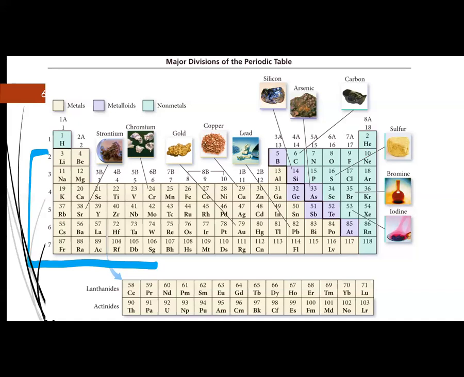Now, you do want to be comfortable with that and familiar with where that cutoff is. A lot of times it's easy to figure out whether you should be on the metal side or the nonmetal side by looking at an example. So if you wanted to think about a gas, some gas that you know, maybe that's oxygen, maybe that's helium, maybe that's neon, but all of those are gases. And so when we look on that line, we can always figure out which side should be the nonmetal side because it will have those gases that we know about.